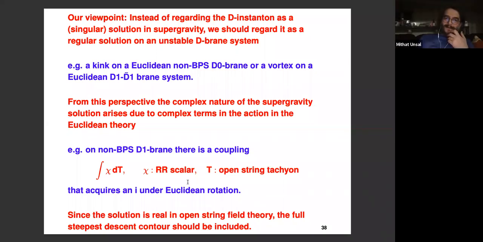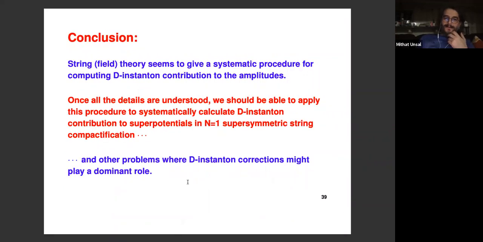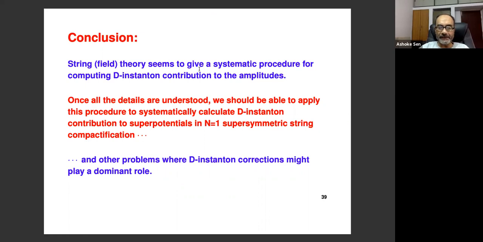Okay, I'm more or less done. This is the last slide. So the conclusion is that string field theory at least seems to give a systematic procedure for computing D-instanton contributions to amplitudes. Whether it gives the right answer or not, we don't know yet, because factors of 2 haven't been worked out.